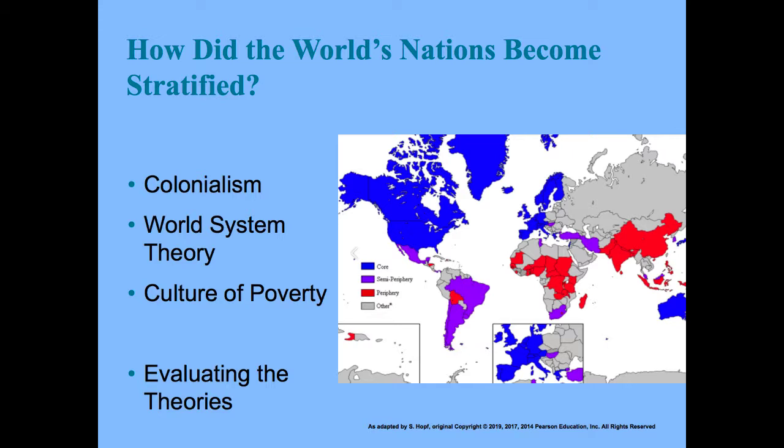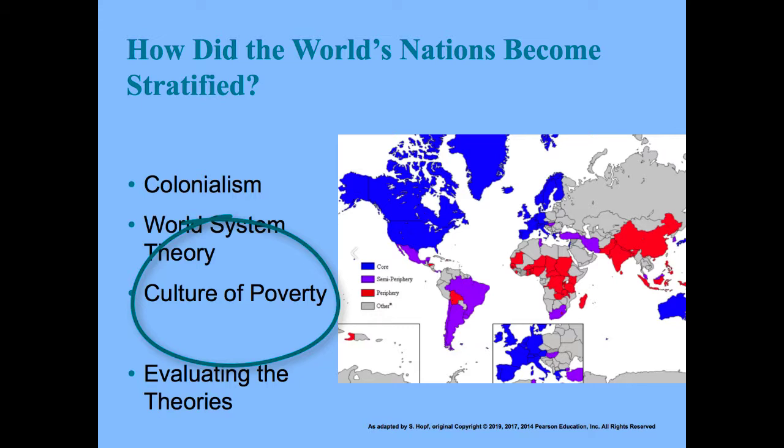Another explanation of global stratification is a theory called the culture of poverty. This proposes that cultures in the least industrialized nations hold them back because the poverty is passed from one generation to the next through the beliefs and value systems that are part of the culture. Because life is so difficult and education is not available, the members of those cultures stick with the tried and true ways of doing things, how tradition has always dictated how things should be done.